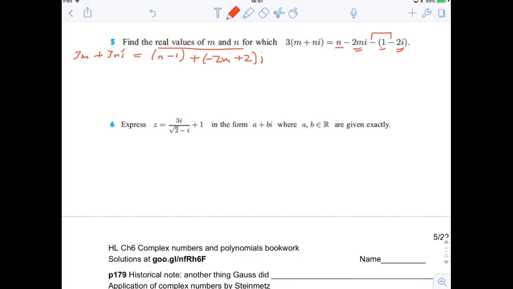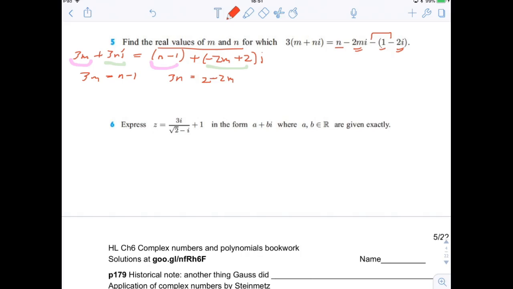Now we can equate real and imaginary parts, because we know that the m's and the n's are real. So 3m equals n minus 1. And we also know that the imaginary parts are equal. So we know that 3n equals 2 minus 2m.